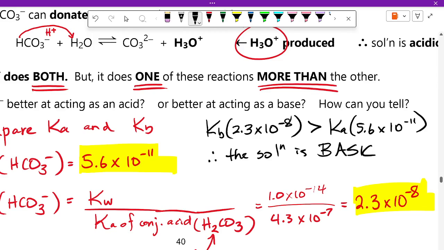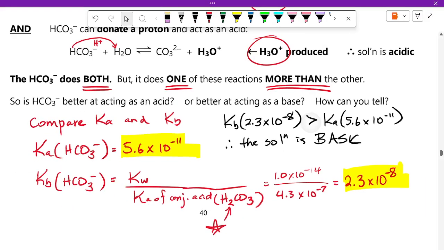And has anyone ever tasted baking soda? What does it taste like? It's yucky, it's bitter. Okay, because it is a base, or at least predominantly a base.